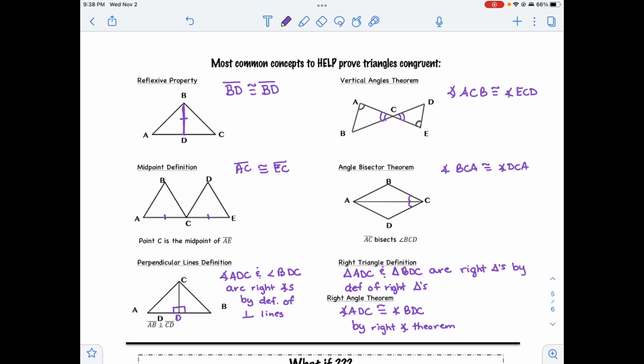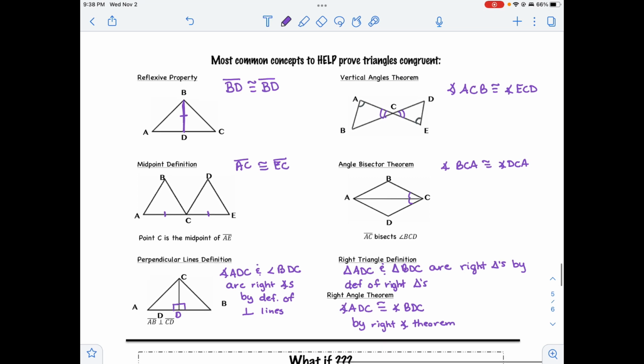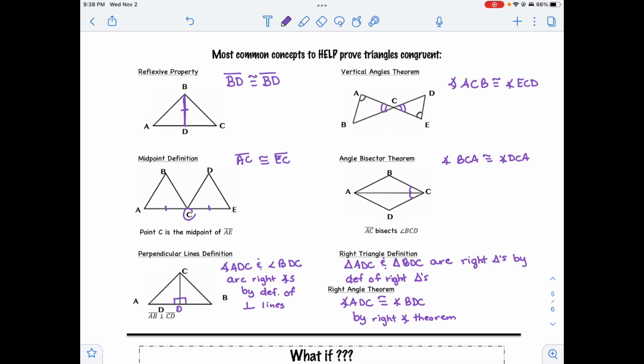Then you have the midpoint definition. So it's telling us that point C here is the middle of AE. So if it's the middle of these two points, then it sets the two pieces CE and AC exactly the same. So they are exactly congruent. So that's the midpoint definition.